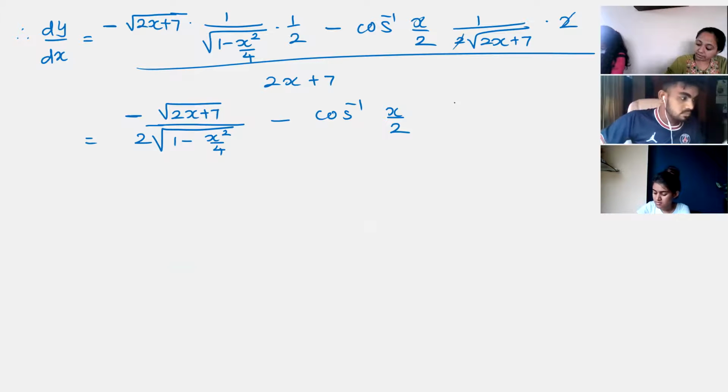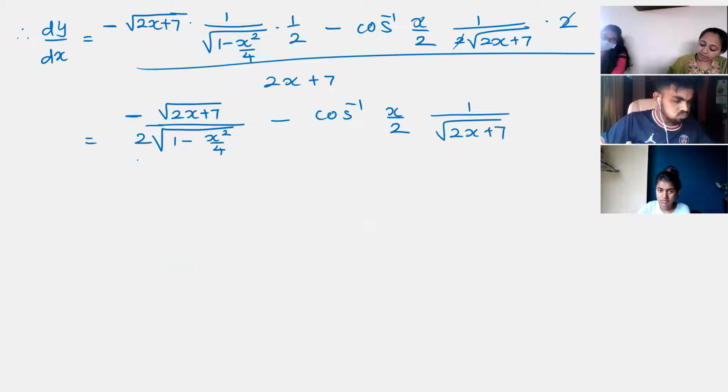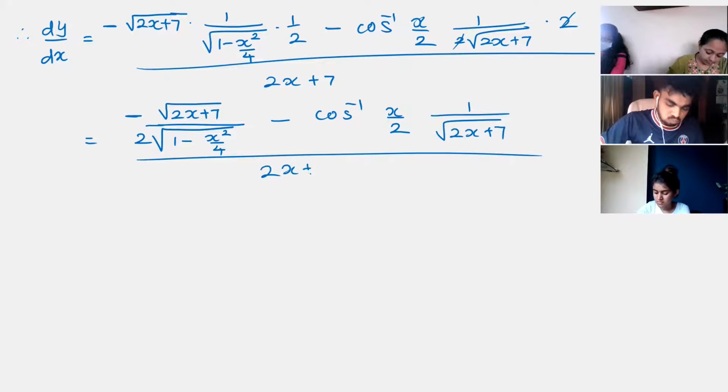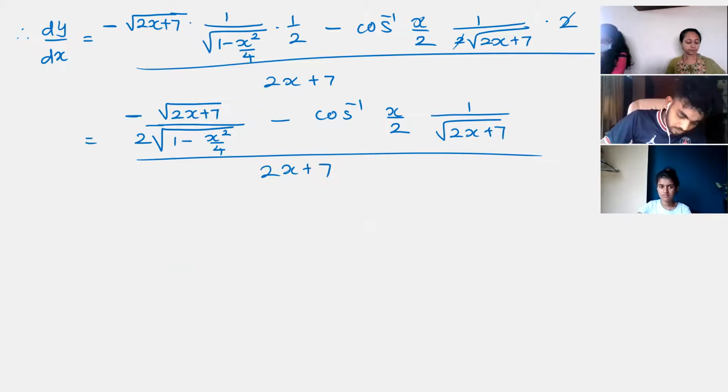The 2 got cancelled and it is 1 by 2x plus 7 on what, like this. But now simplification, simplification, simplification.